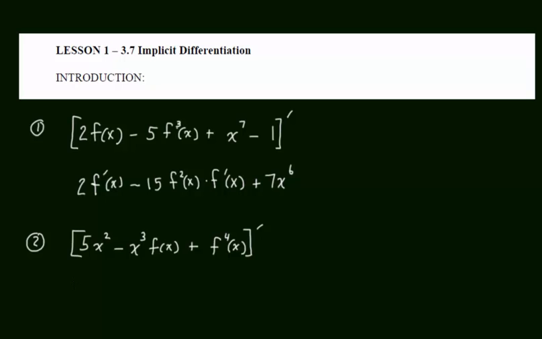So here we go. We have 10x minus, now we have a product here. One way to do this is to keep the negative out front and then do the derivative of the product. So we would have x cubed times f prime of x, first term times the derivative of the second, plus second term times the derivative of the first.